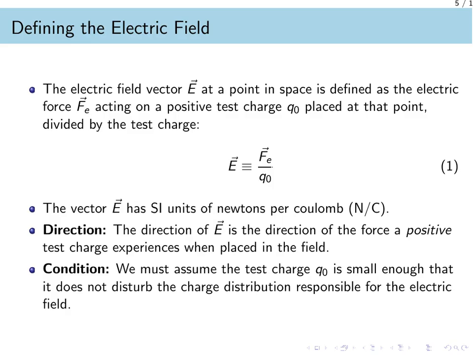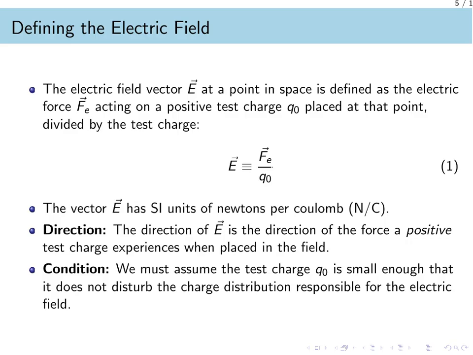We define the electric field vector, E, at a specific point in space as the electric force, F sub E, acting on a positive test charge placed at that point, divided by the magnitude of that test charge, q naught. Because force is measured in newtons and charge in coulombs, the SI units for the electric field are newtons per coulomb.